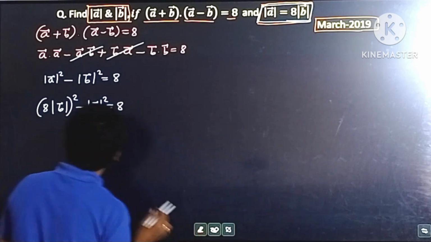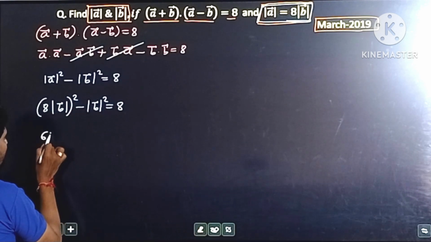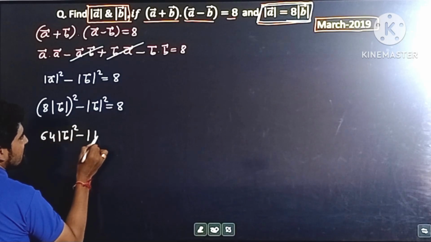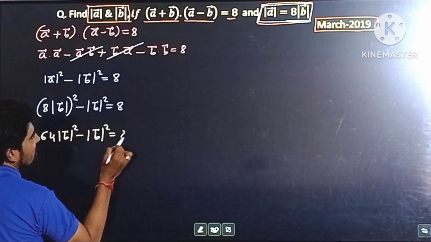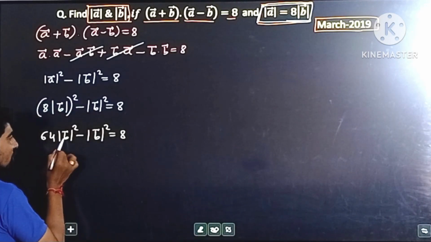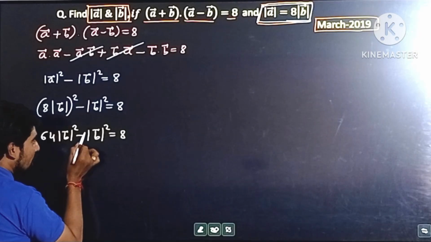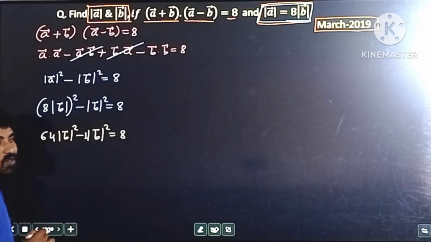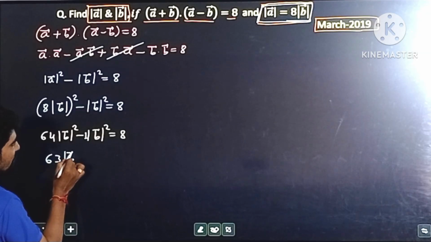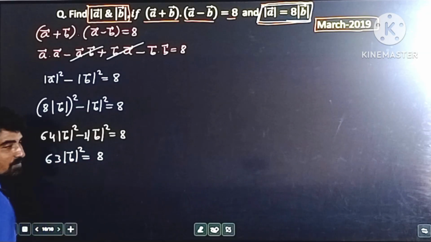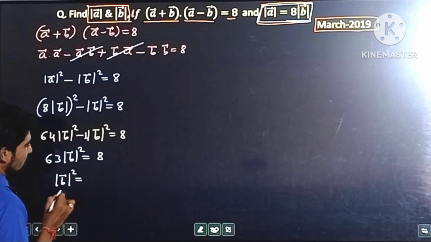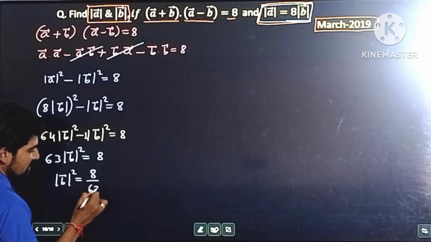Now 8 square is 64 into magnitude of b vector square, minus magnitude of b vector square is equal to 8. In the next step, 64 times magnitude of b vector square minus 1 times magnitude of b vector square is equal to 63 times magnitude of b vector square is equal to 8. So by this, magnitude of b vector square is equal to 8 divided by 63.